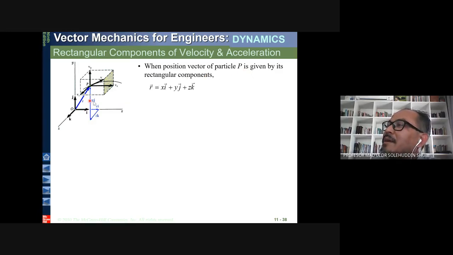So we have position vector r, which is xi, yj, and zk, in terms of the unit vectors i, j, and k.